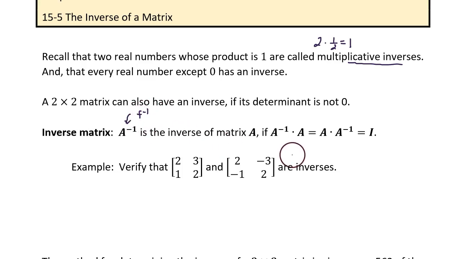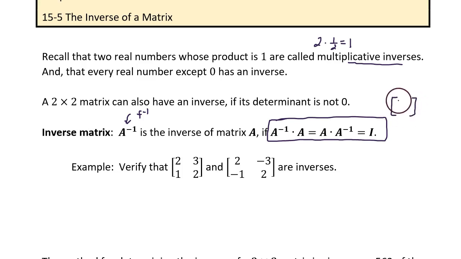A matrix is the inverse of matrix A if, when you multiply them together, you get the identity matrix. Remember, the identity matrix is a matrix that has 1s and 0s in it. For example, the 2 by 2 identity matrix is 1, 0, 0, 1, where along this main diagonal from the top left corner to the bottom right corner are the 1s, and the other two numbers are 0s.